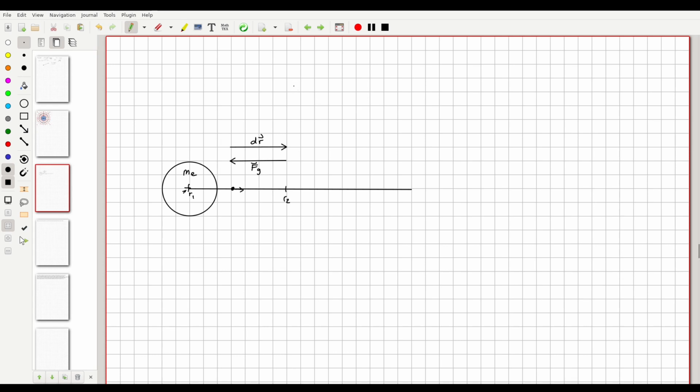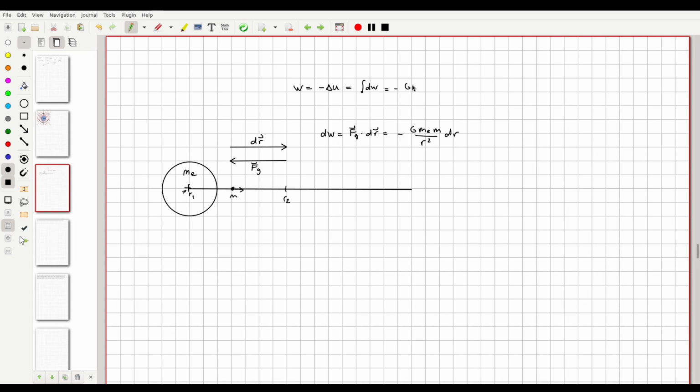So our work, which is the same thing as our negative change in potential energy, is going to come from integrating dW. And in this case, dW is going to equal F sub g dot dr, or minus G mass of the Earth, mass of the object, which I'll just call m as it leaves, over the distance squared, dr.